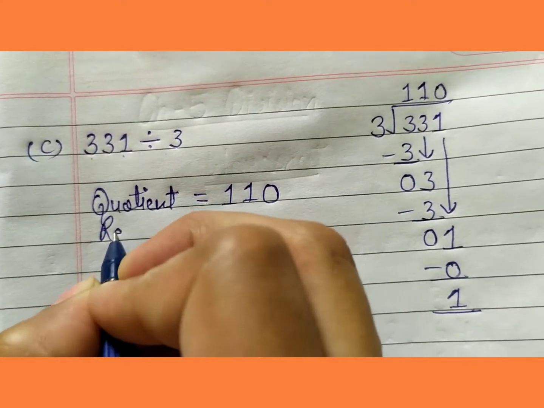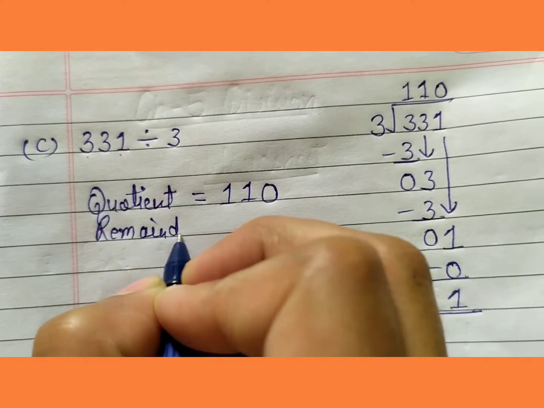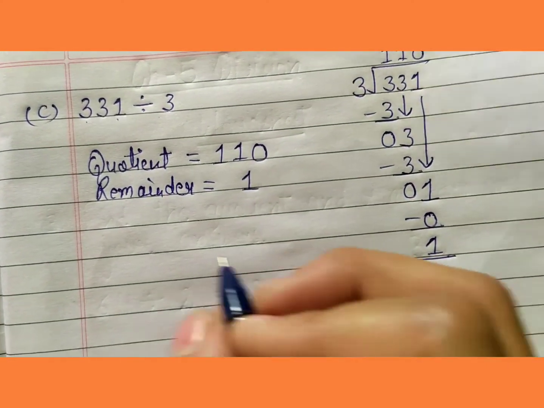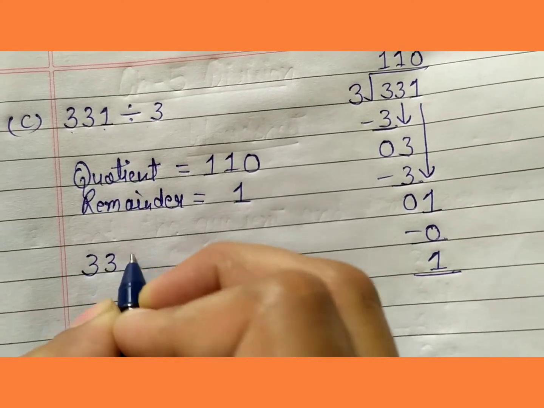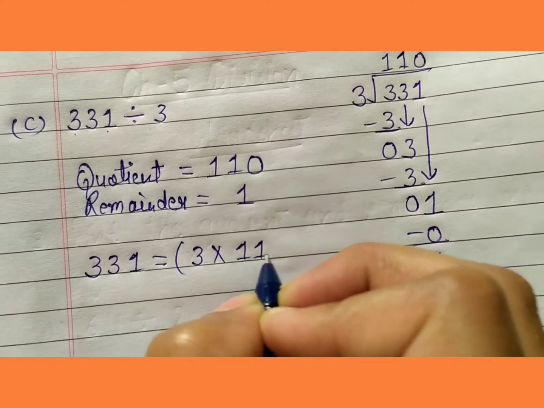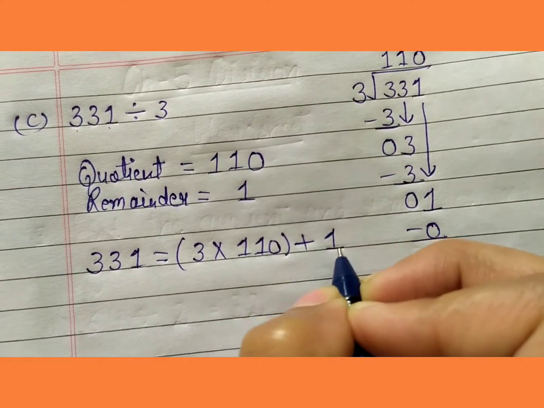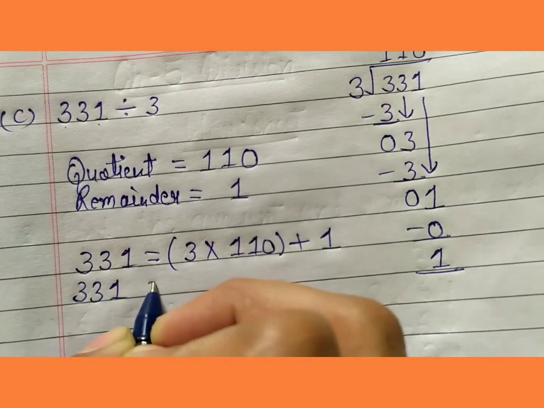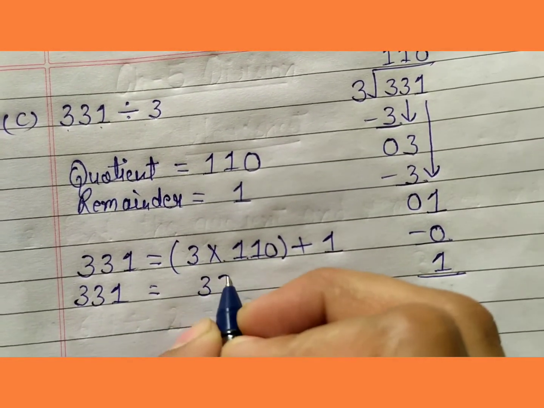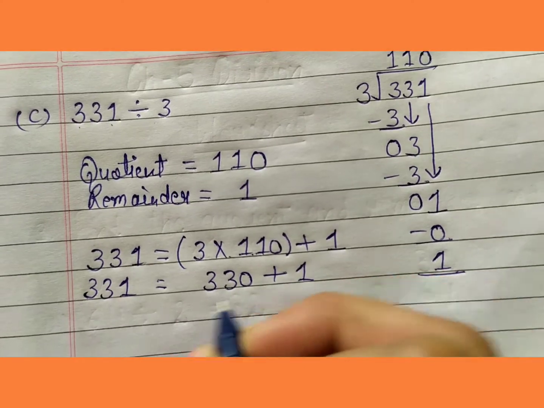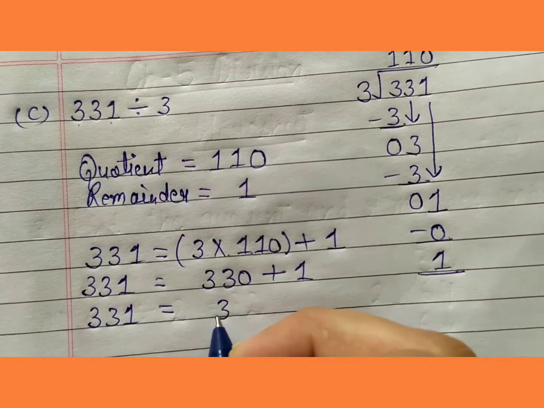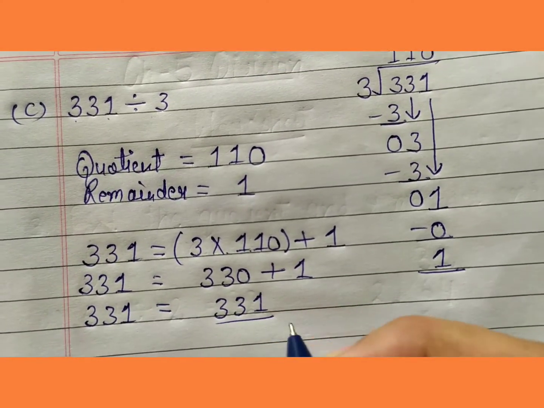Your remainder is 1. Now start the verification. Write the dividend 331 equal to, write divisor is 3, multiply 110, add remainder is 1. 331 equal to 3 multiply 110 equal to 330, add 1. 331 equal to 330 add 1 equal to 331. Both are equal. It means your answer is correct.